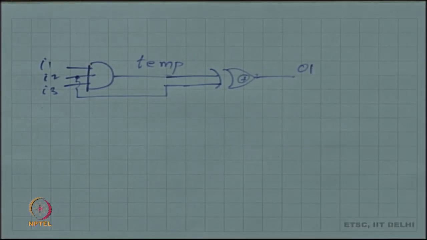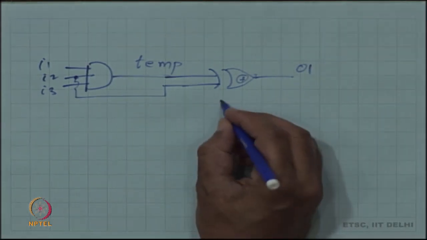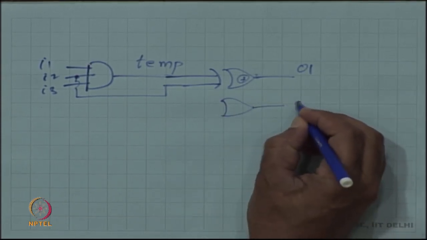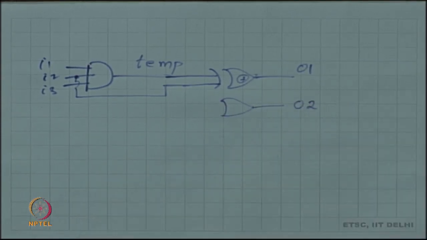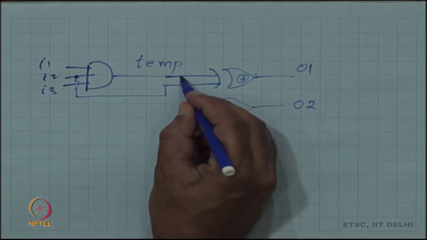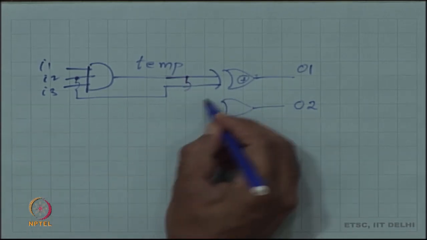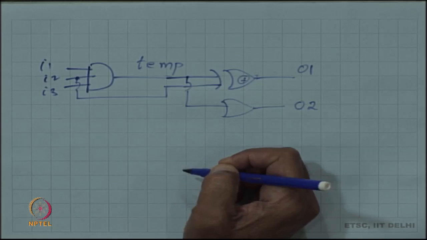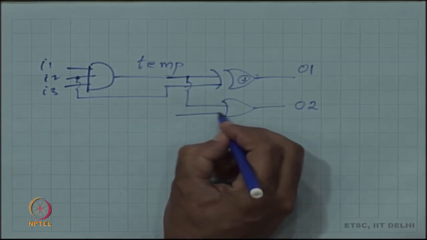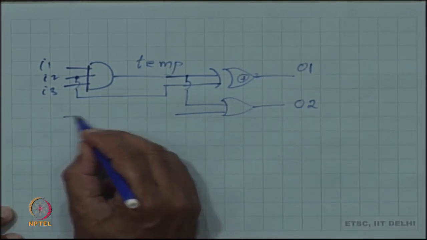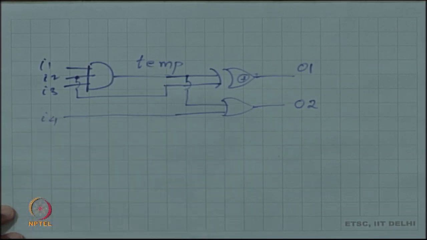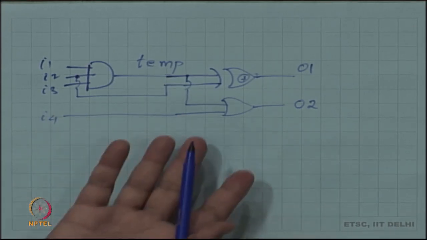What else am I doing here? I have an OR gate whose output is O2, and that also takes temp. And the other input here is I4. That is the combinational logic.